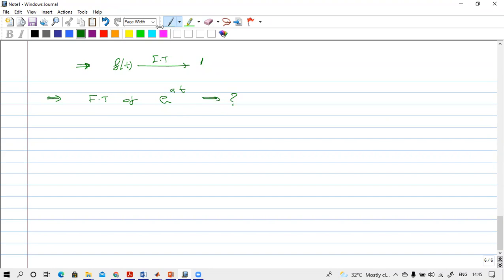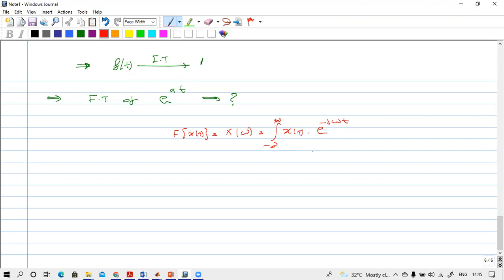You can simply use the transform pair, that is, the Fourier transform of x t is X omega, equal to the integral from minus infinity to plus infinity of x t e to the power minus j omega t dt.